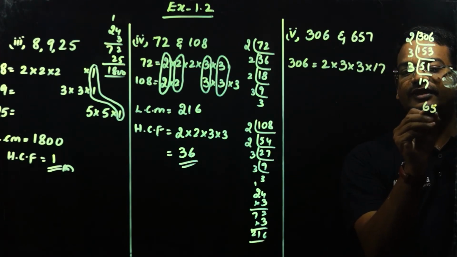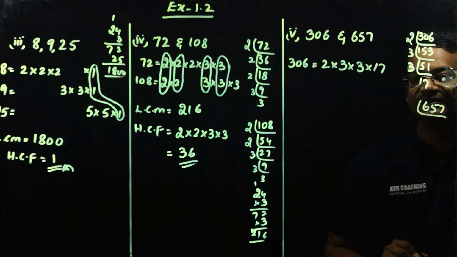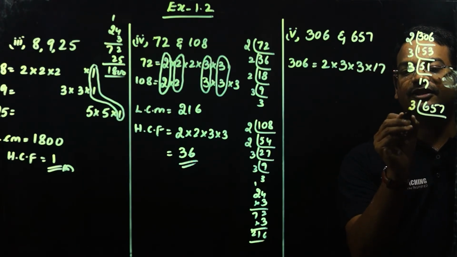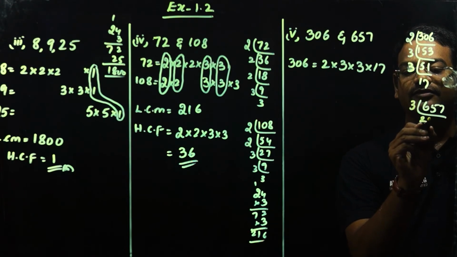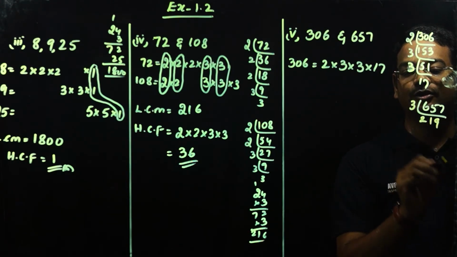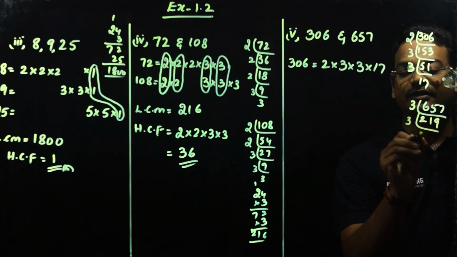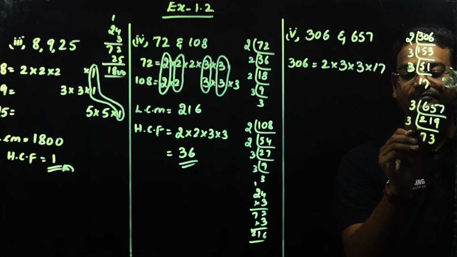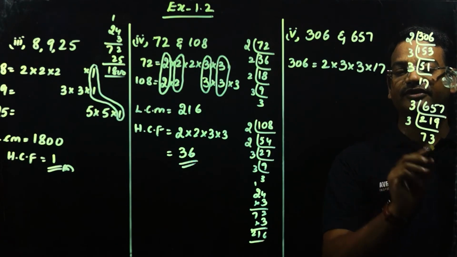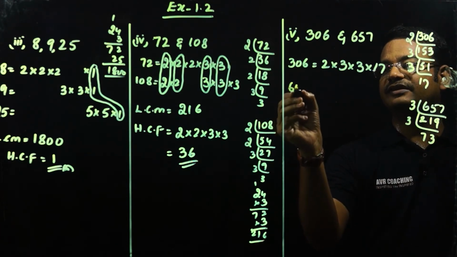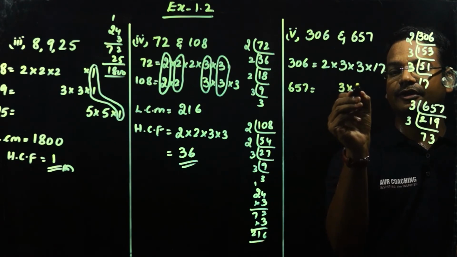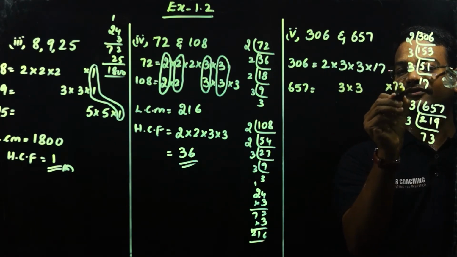Now 657: the digits add up to 18, so it is divisible by 9. 3 nines are 27... 73 is a prime number. So 657 can be written as 3 into 3 into 73.